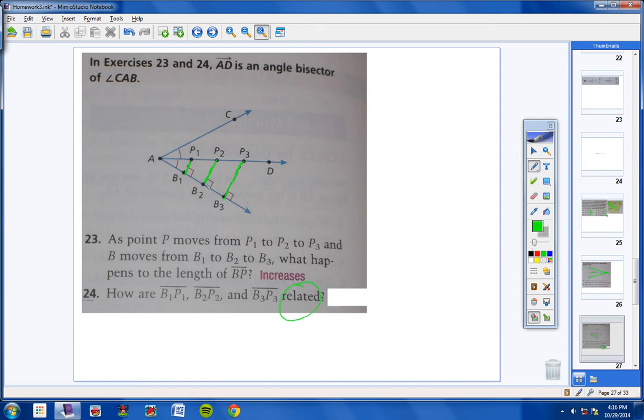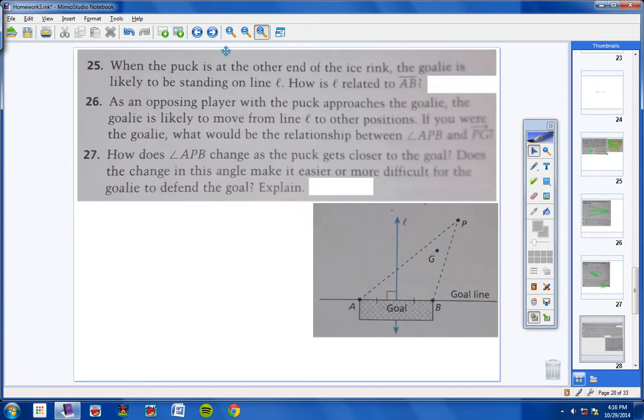Because we learned a theorem that said if two lines are perpendicular to the same line, then those two lines are parallel. Okay? And notice that all three of these lines are perpendicular to the same line. So all three of these lines are parallel. Okay? They are parallel. Okay, moving on to number 25.